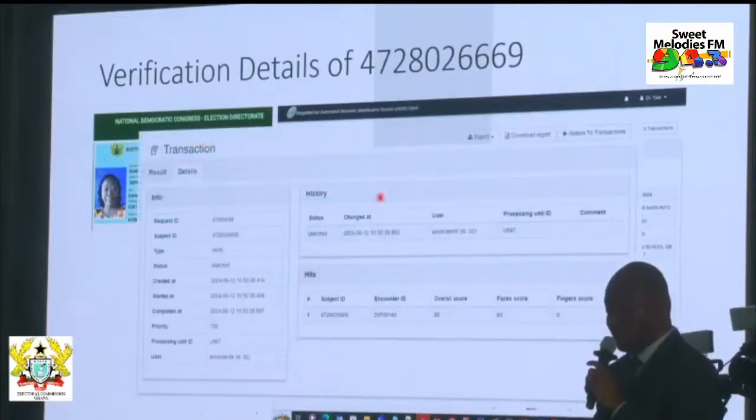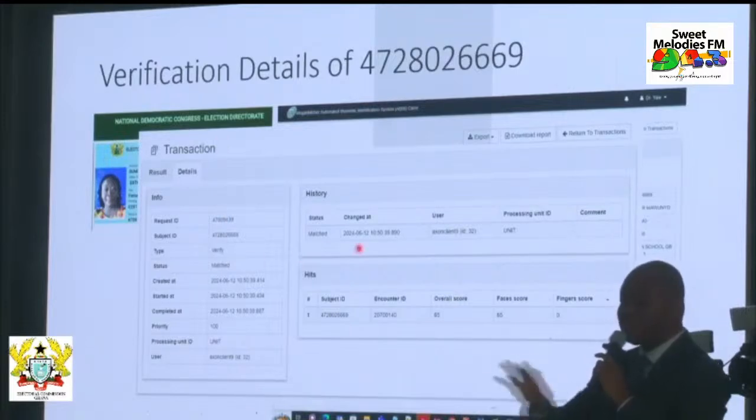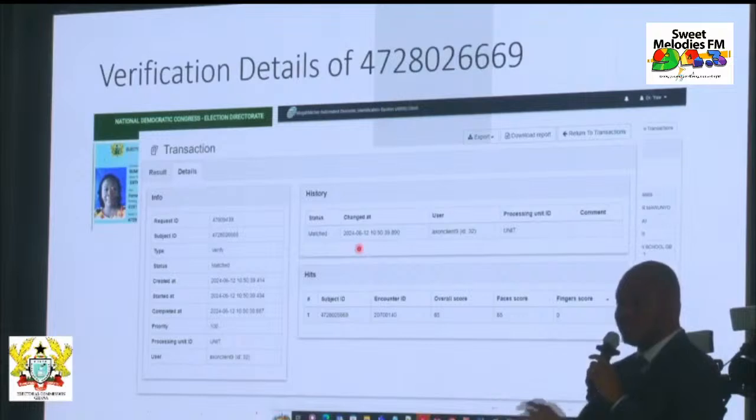To give you further evidence, this is the transaction from our automated biometric identification system. That gives you the details of everything that was done, right down to the second that verification for transfer was executed. And once again, this data is available for verification. And I assure you, all the 330,000 something who did transfers, we have all their records available in our system for verification.